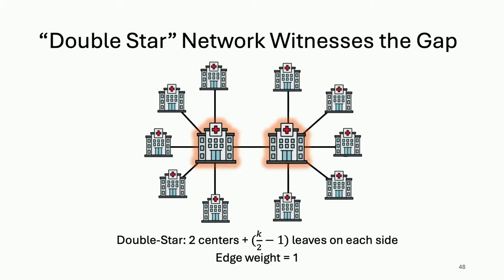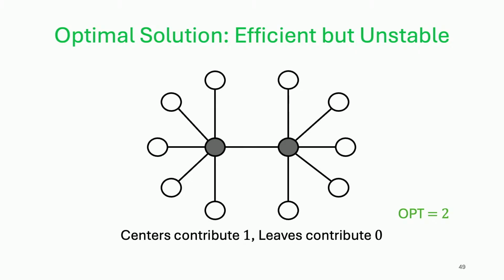So we have two centers and k over 2 minus 1 leaves on each side. And we consider a unit weight graph, so every edge has weight 1. In this structure, the optimal solution is 2. We only need the centers to contribute 1, and then the leaves don't have to contribute anything.